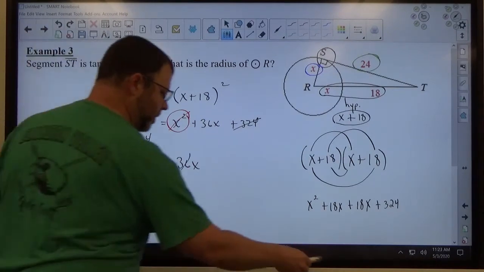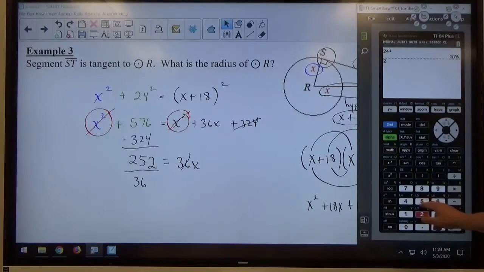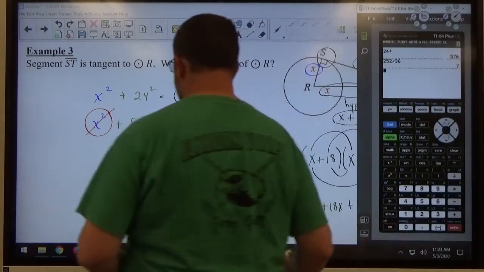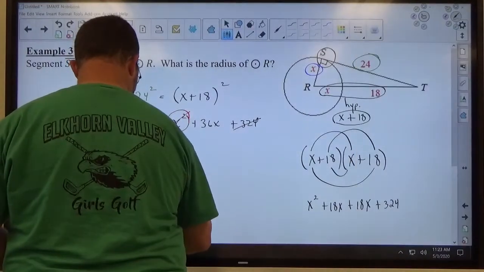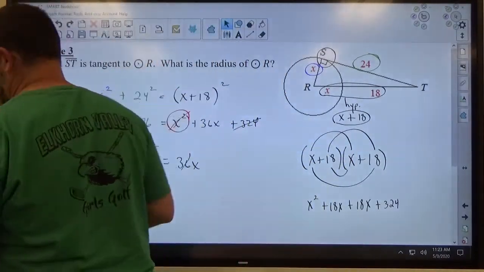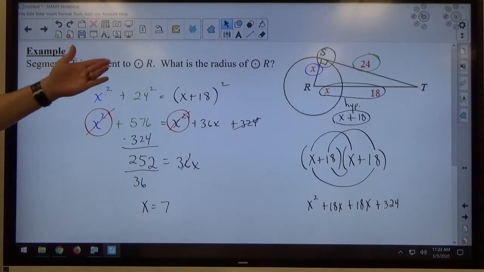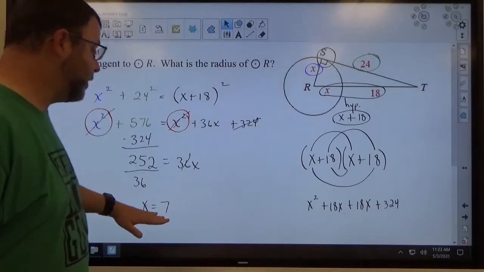Let me get my calculator back out. 252 divided by 36 equals 7. The final thing to do, always when you're going through all this math, is very important: answer the question they ask for. They asked for the radius of circle R, which equals x, so what we found was the answer.